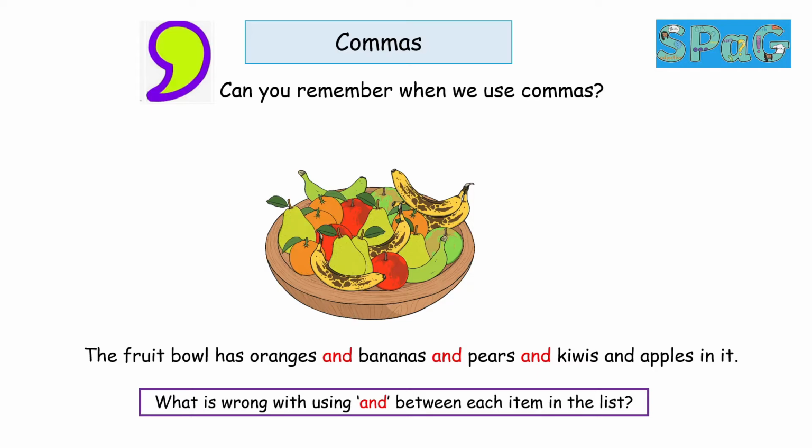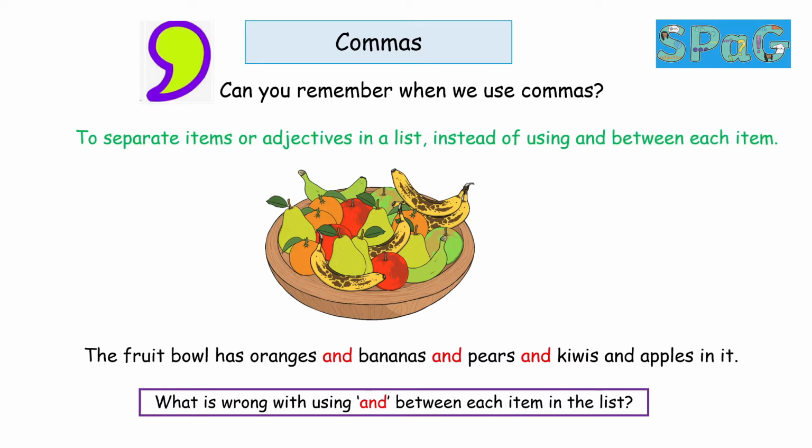Commas. Can you remember when we use commas? That's right. We use them to separate items or adjectives in a list instead of repeating the word and. Now there's lots of different fruits in this fruit bowl.